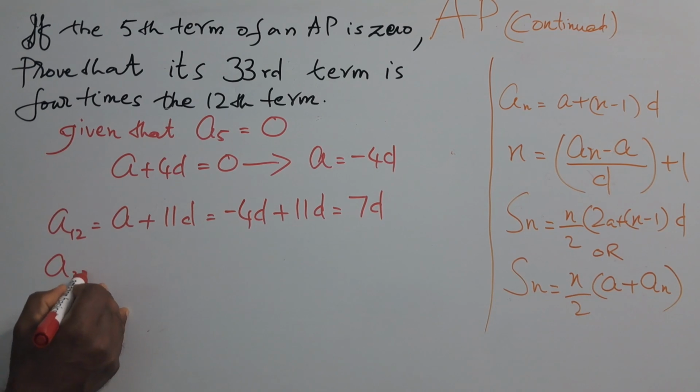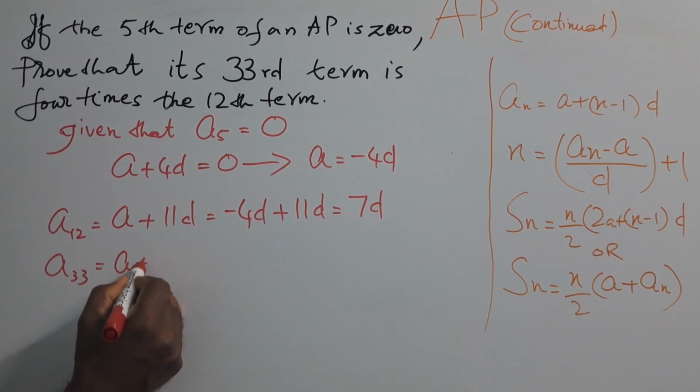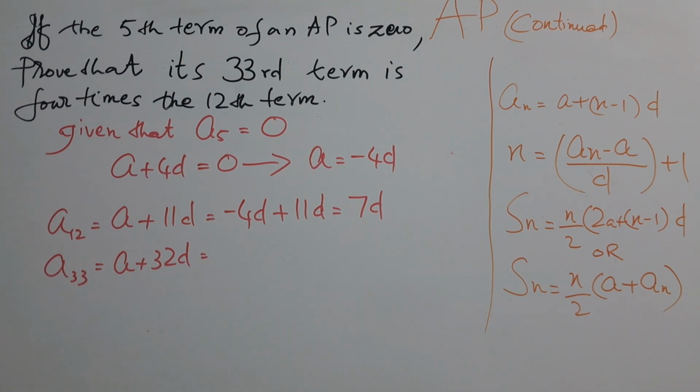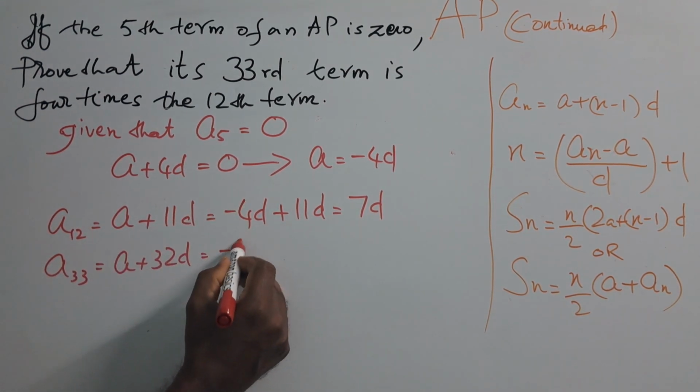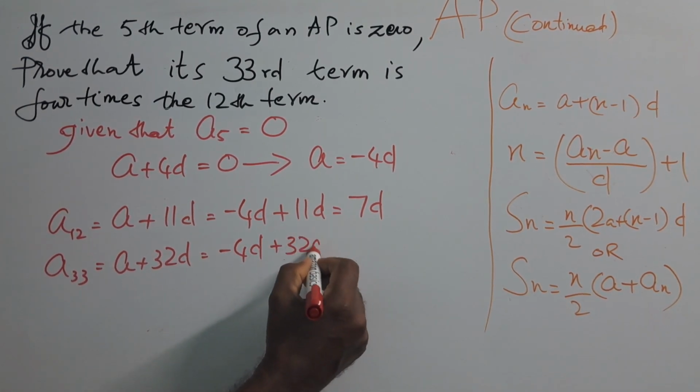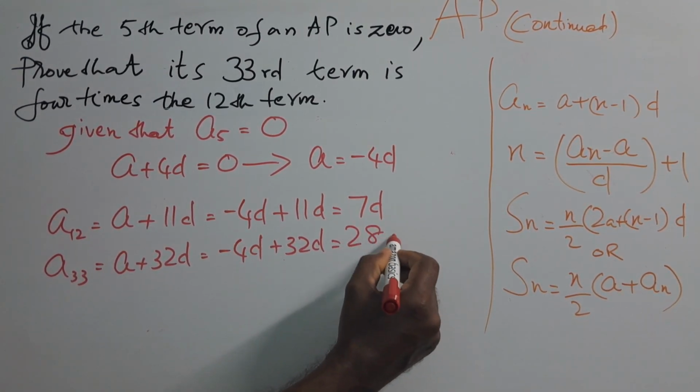Then A33 is equal to A plus 32D, similarly substituting A by minus 4D, minus 4D plus 32D is equal to 28D.